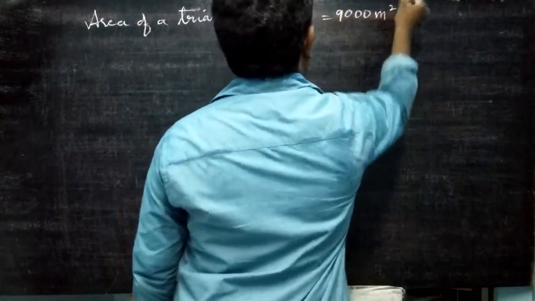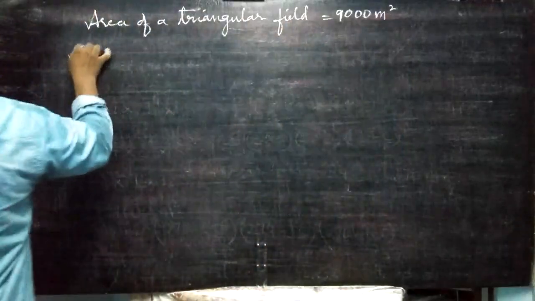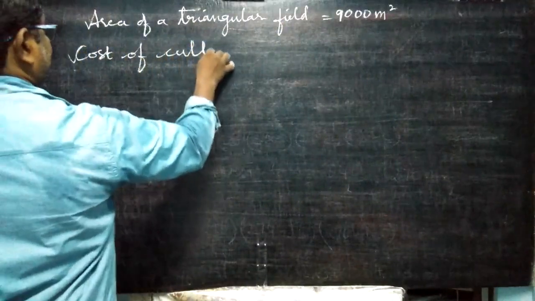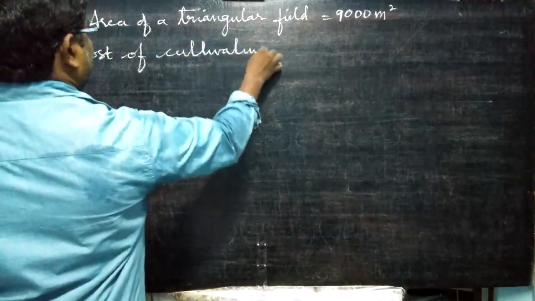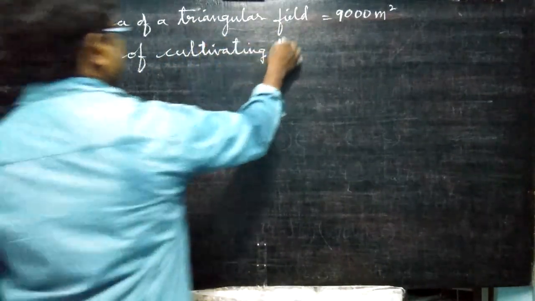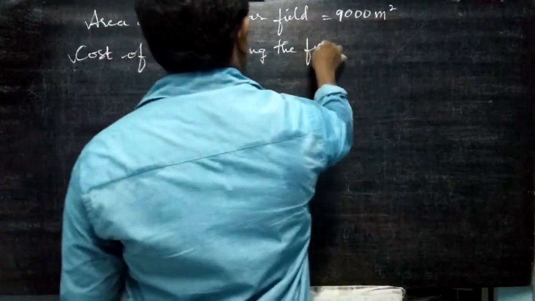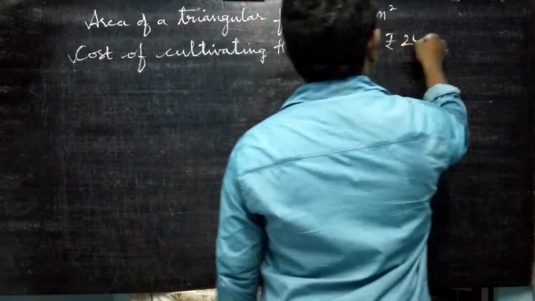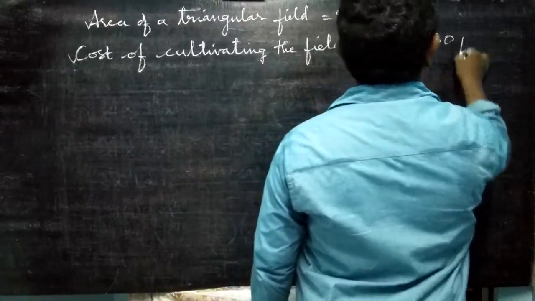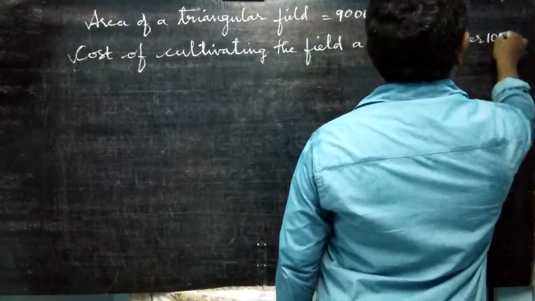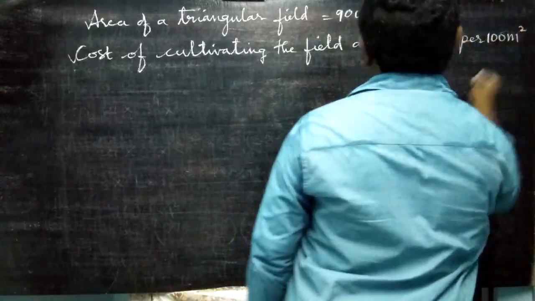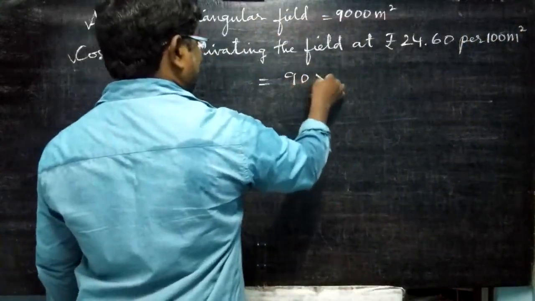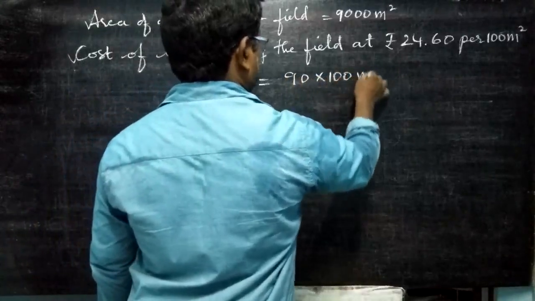Now they are asking the cost of cultivating the field at rupees 24 rupees 60 paise per 100 meters square. Here how many hundreds are there? 9,000 means 90 into 100 meters square.